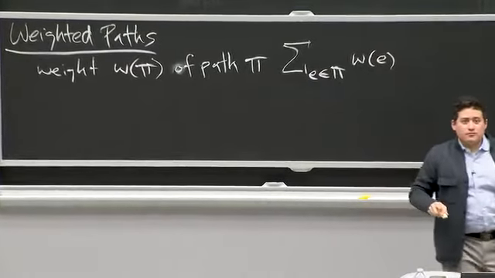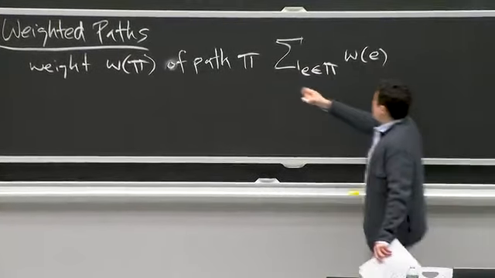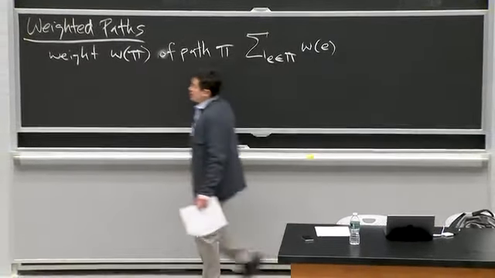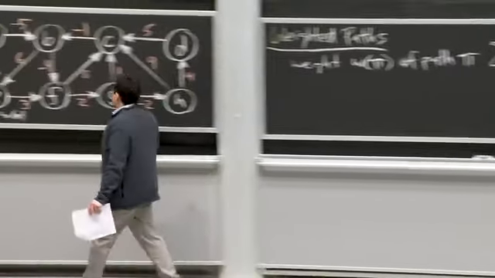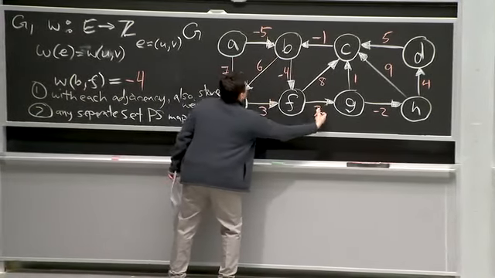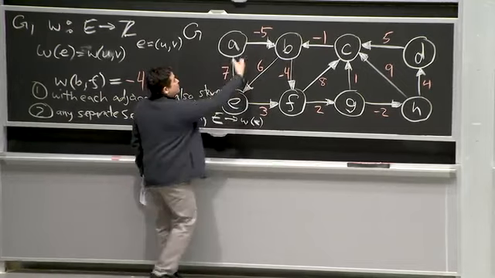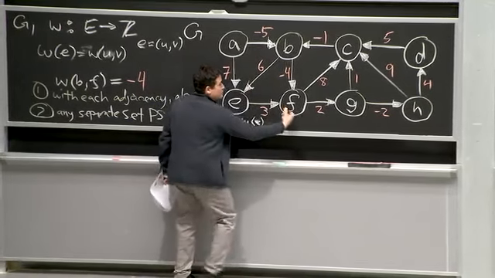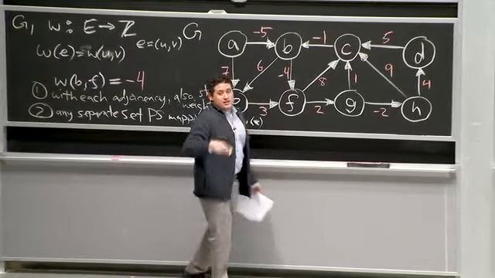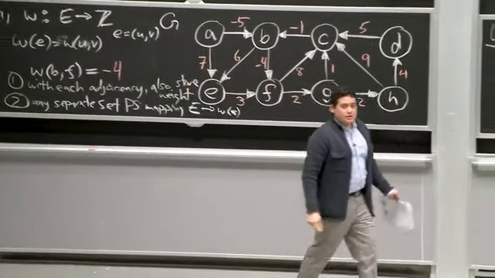That's all the weight of a path means. I'm just going to sum all the weights in a path. So if I took a look at a particular path here, the path from A to B to F to G, it's going to be -5, -4, 2. That's going to be -9 plus 2, which is -7. Okay, just as an example.